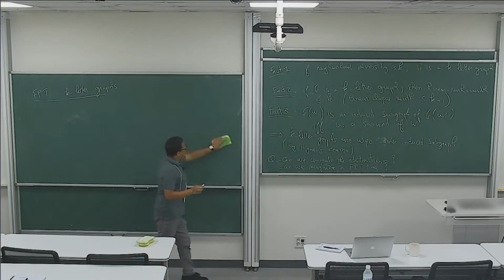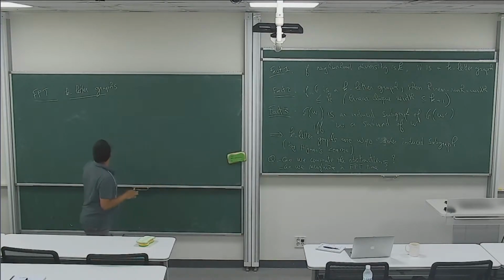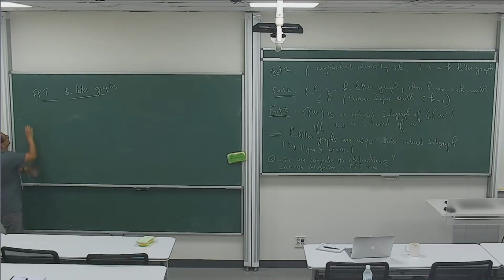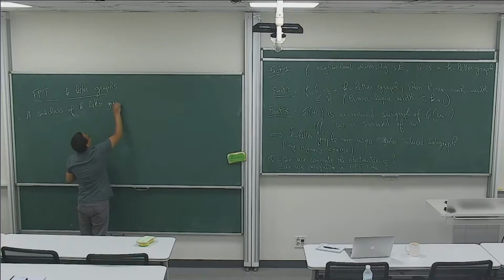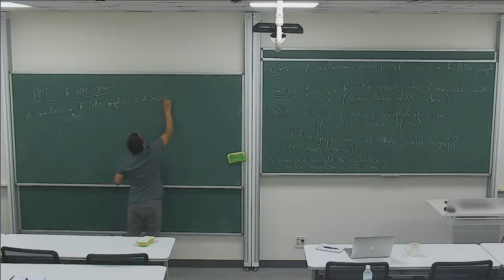Okay, so why does it matter? These k-letter graphs appear in enumerative combinatorics with a subclass, a subclass of k-letter graphs, which is of interest in enumerative combinatorics.